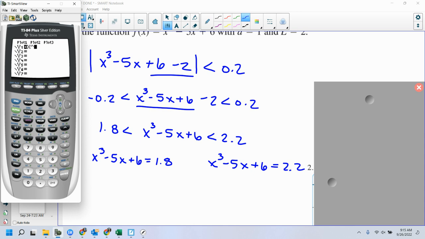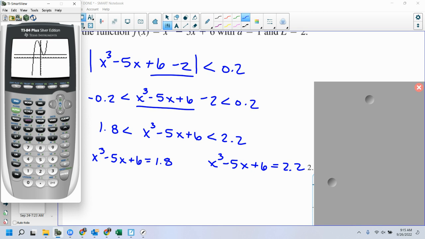x to the third minus 5x plus 6. And then say, okay, I want 1.8. Zoom 6. Okay, now be careful here. I want to keep getting closer and closer to 2, right?